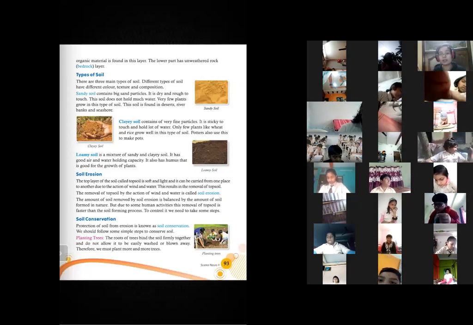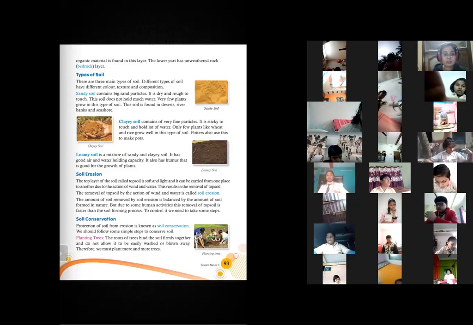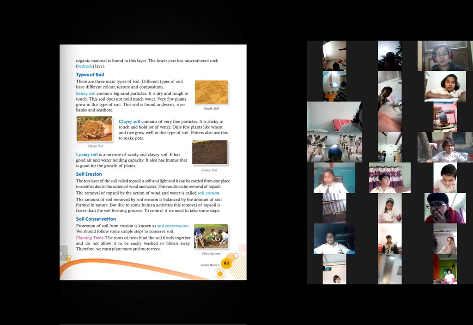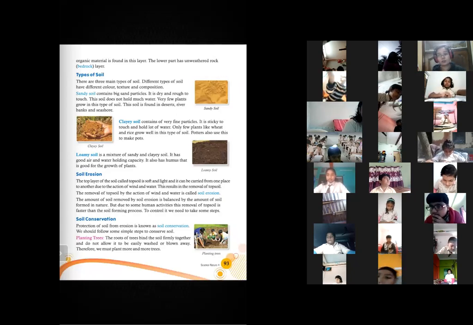So in soil that cannot hold water, plants cannot grow. The soil is found in deserts, river banks, and seashores. In seashores, you must have seen that the soil is sandy soil, and in river banks and deserts also we can see sandy soil.